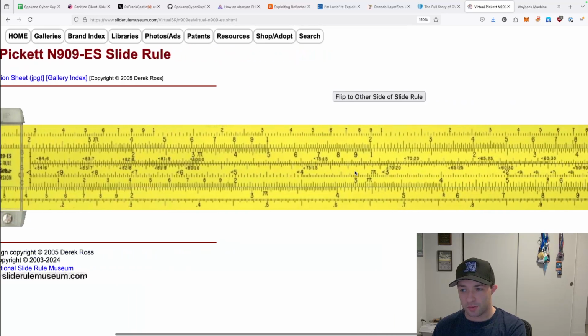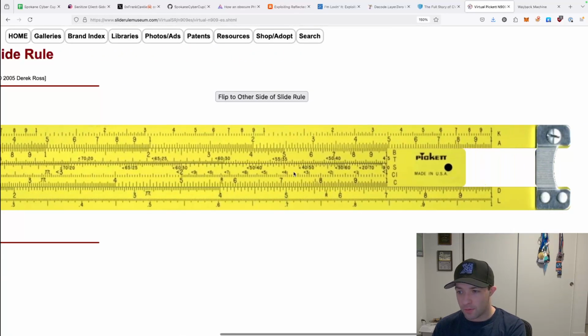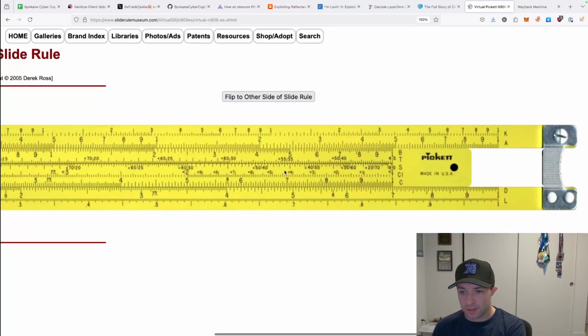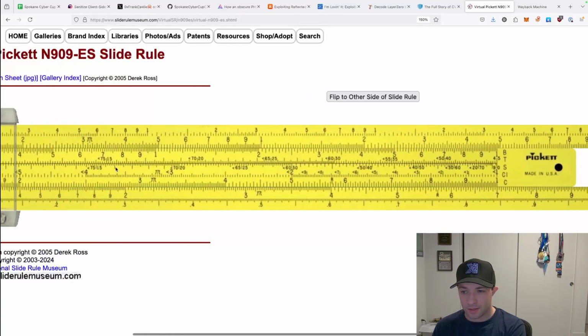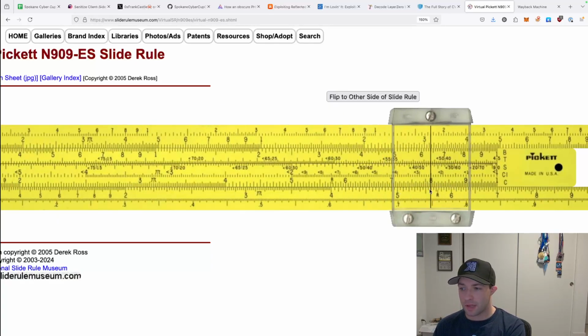So we need to do the other strategy for multiplication, the wrapping one. So we're going to do 7, and then we need to go to 8 on the scale, and that puts us somewhere between 5 and 6. 5.5 and 5.6. That makes sense. 56 is what 7 times 8 is.